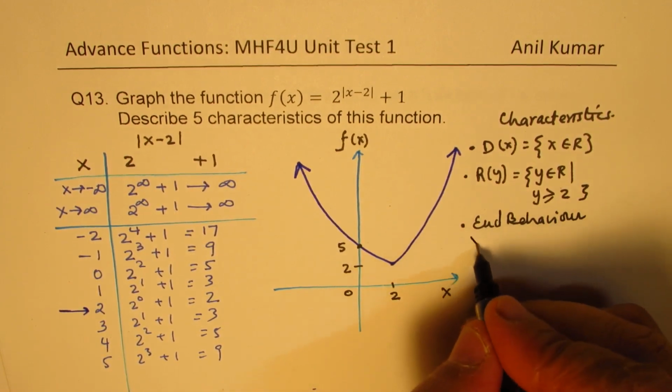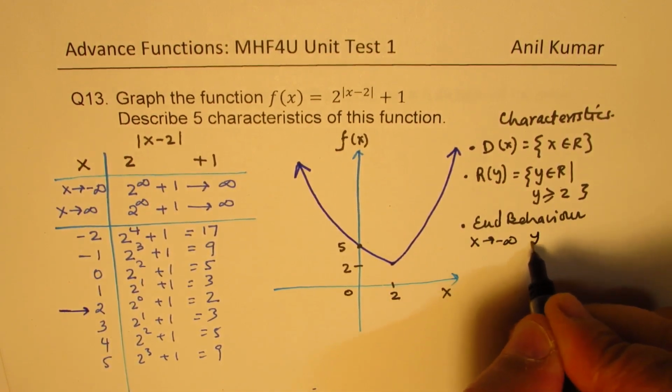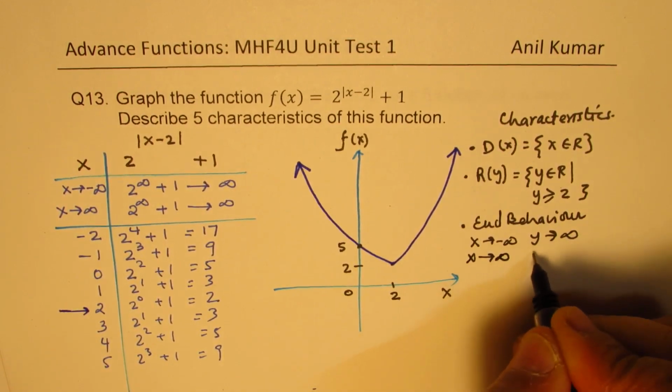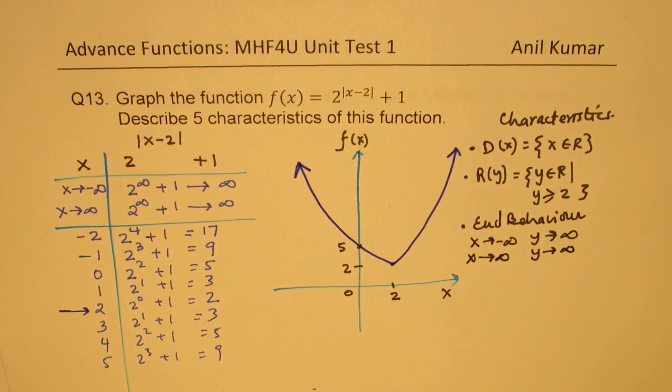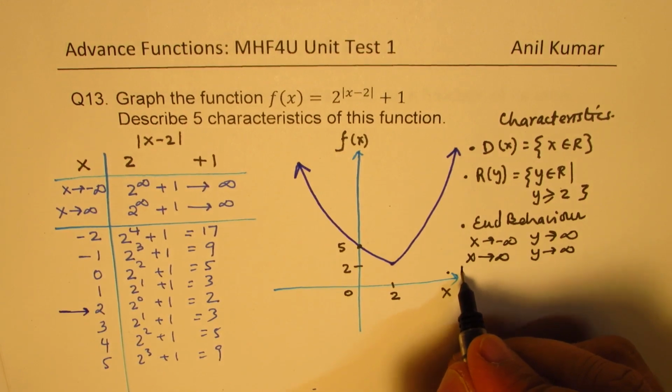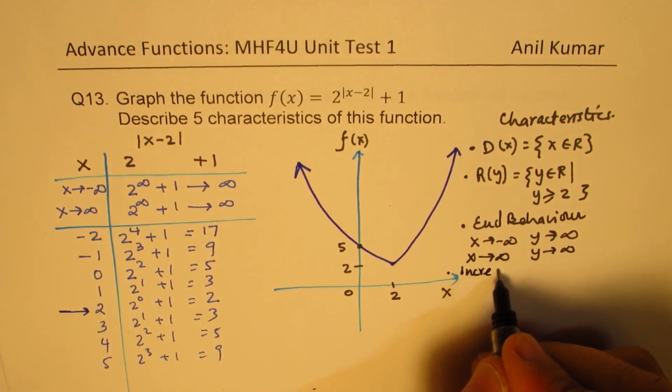End behavior: as x approaches negative infinity, y approaches positive infinity. As x approaches positive infinity, y also approaches positive infinity. Then we could have increasing and decreasing intervals, right? So let's write the increasing interval.